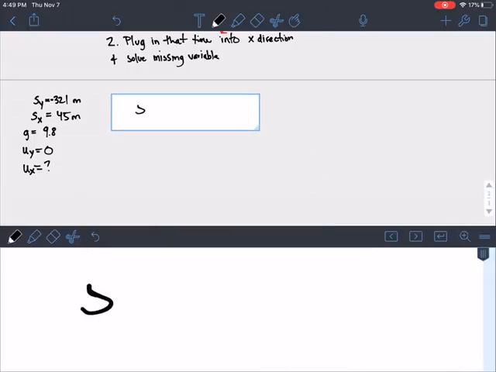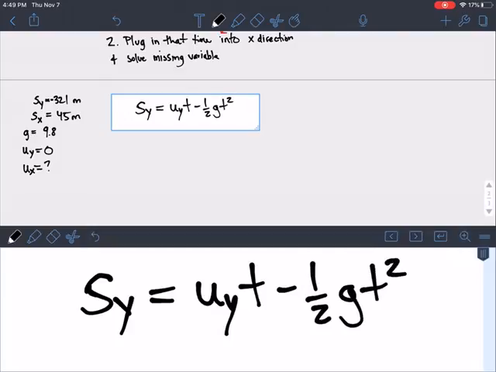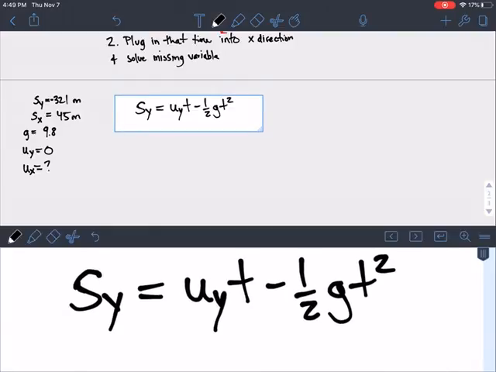So start off with my equation. Sy equals uy times t minus 1/2 g t squared. Now I know that uy is equal to 0, so this whole quantity right here is going to disappear.